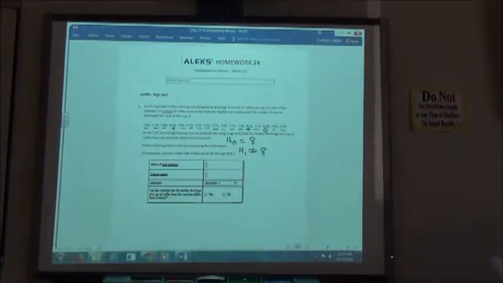So anything that's below 8 is going to have a negative, anything above 8 is going to have a positive, and if it's exactly 8, we're going to give it a 0.